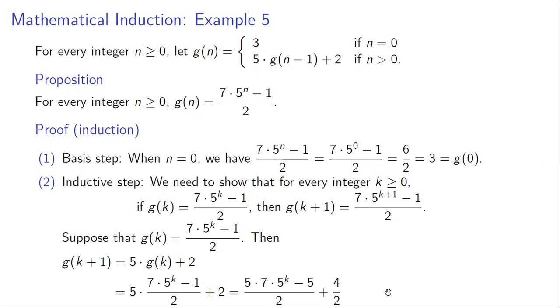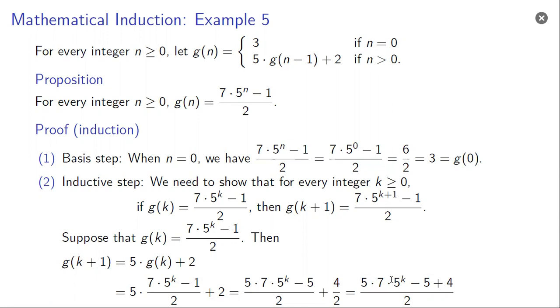So that leaves me with this. Okay, now let's simplify the fraction. So we have 5 times 7 times 5 to the k minus 5 plus 4, all divided by 2. Now, what can we do with this? Well, you can rearrange the 5 and the 7, right? So it's really 7 times 5 to the k.